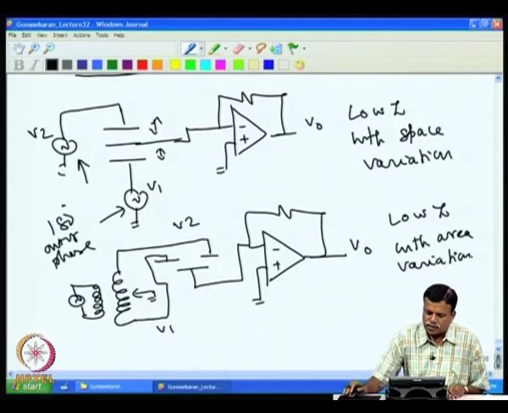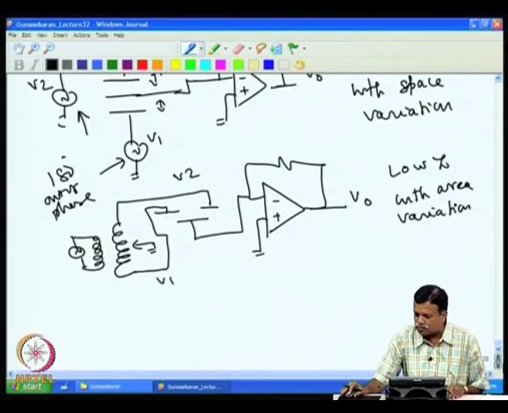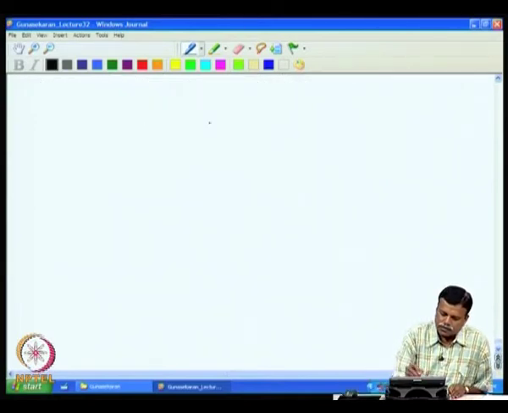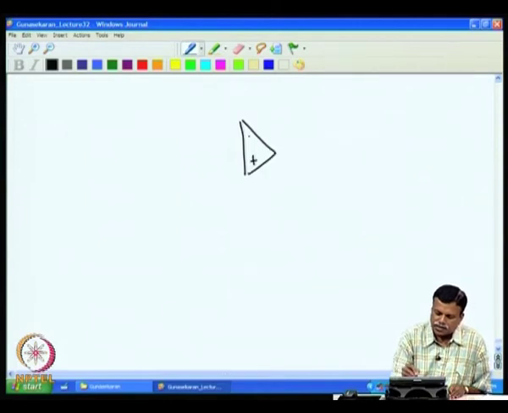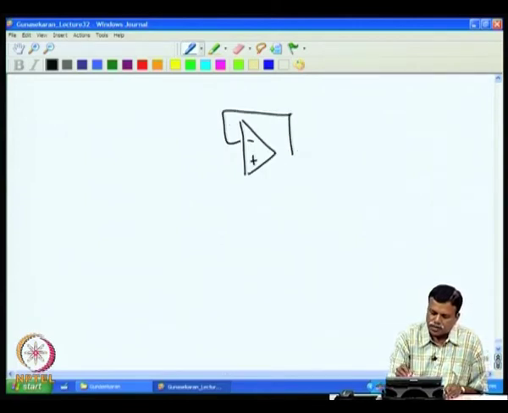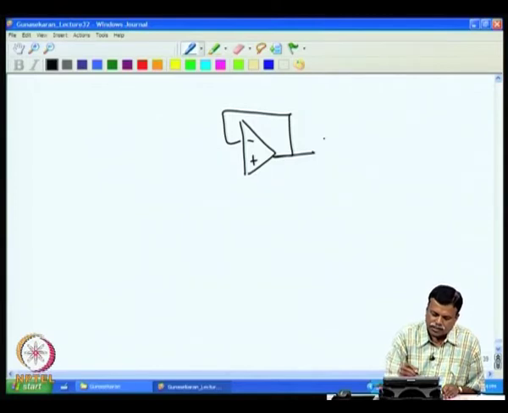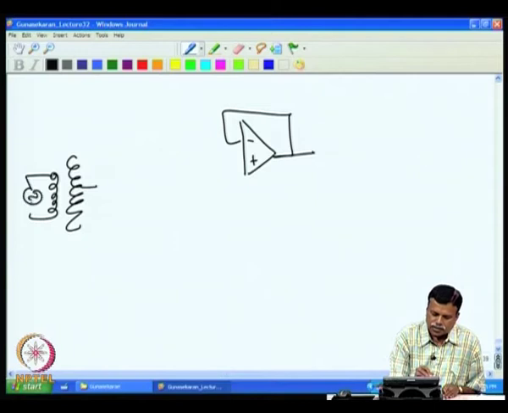Then there are 2 other methods, where we use the same technique in the high impedance amplifier stage. So, I can use a high impedance amplifier, and then we can have the same 2 techniques, with an excitation voltage here and then the 2 voltages.